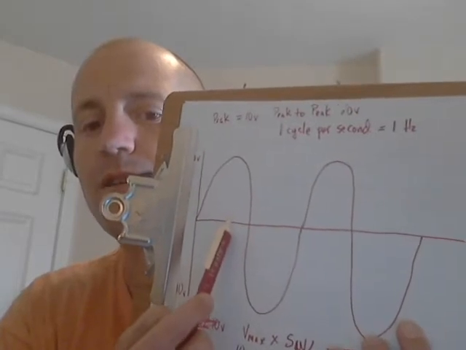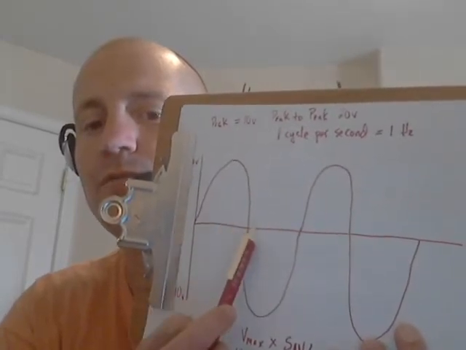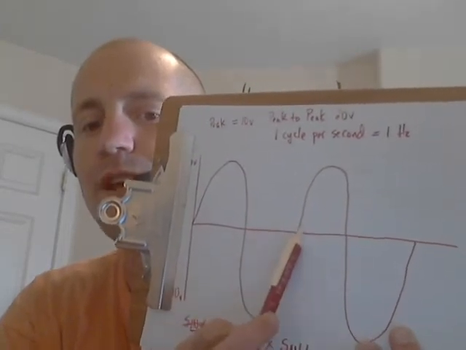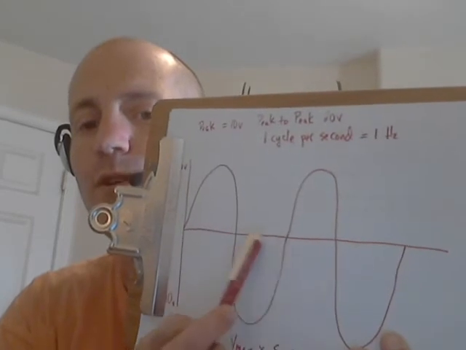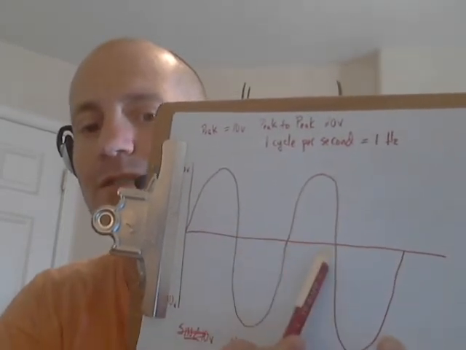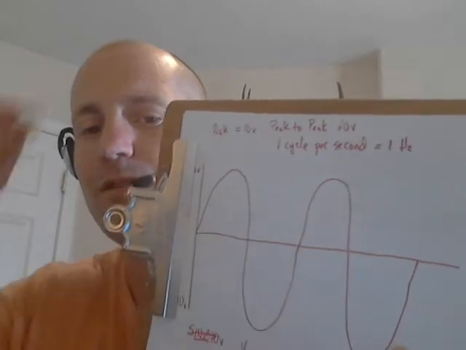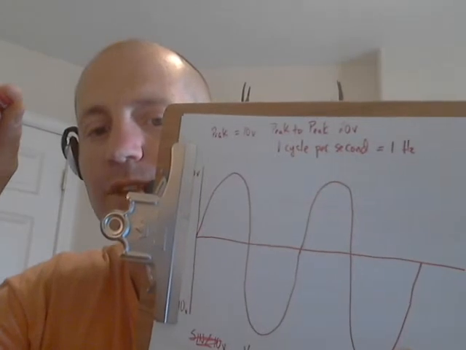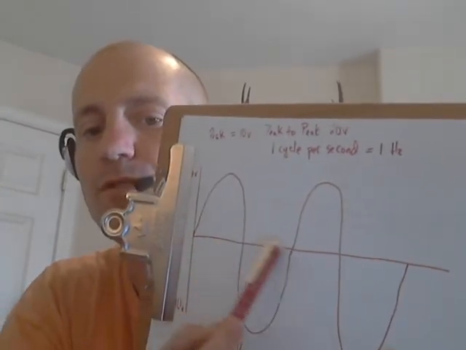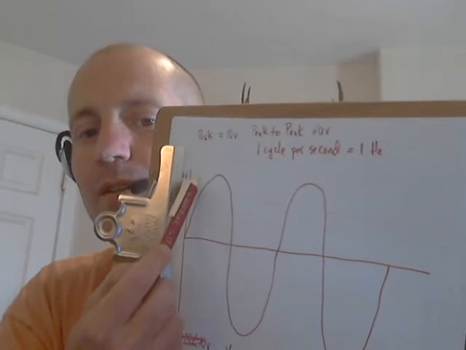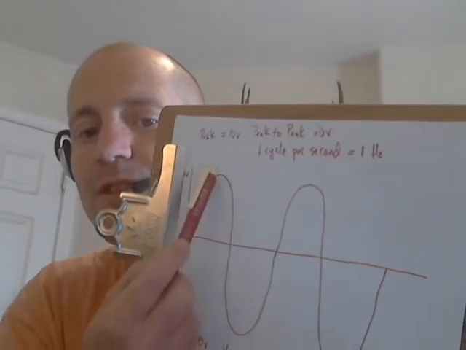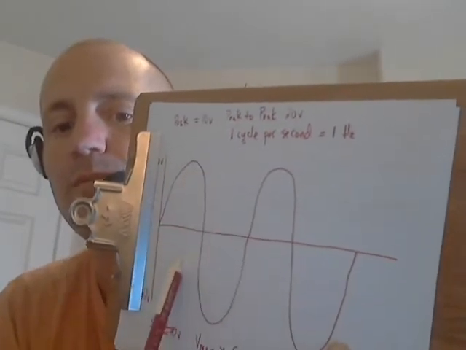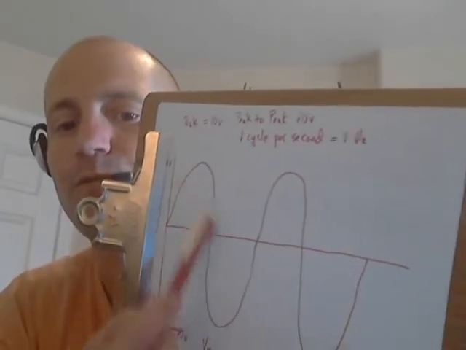This would be 90 degrees of rotation, 180 degrees of rotation, 270 degrees of rotation, and then 360. So this horizontal axis represents the rotation of the conductor inside of the magnetic field, starting at 0 degrees up to 360. The vertical line represents the amount of voltage that is generated as it moves throughout its cycle, or as it rotates.